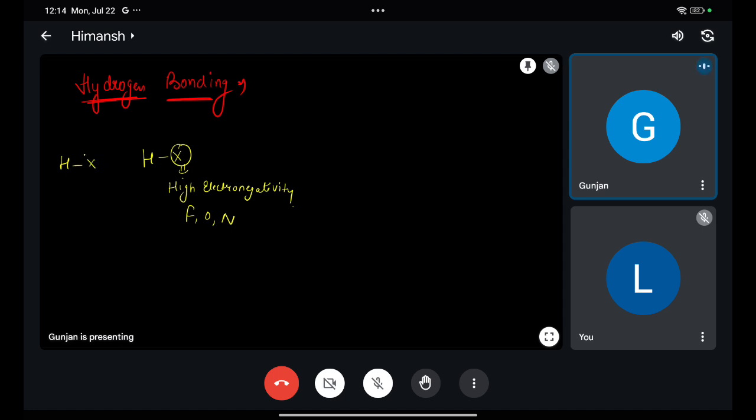Let's say this is HX. This hydrogen will make a weak bond with the electronegative atom of the other molecule. This weak bond is known as hydrogen bond.